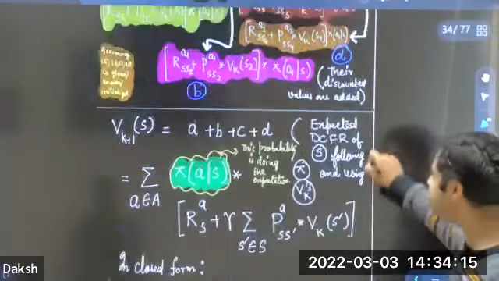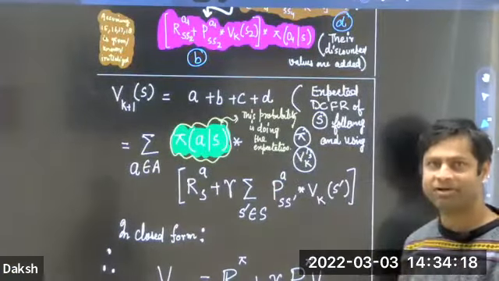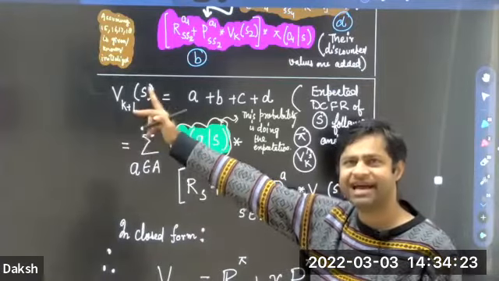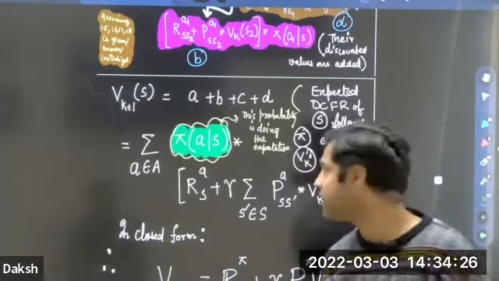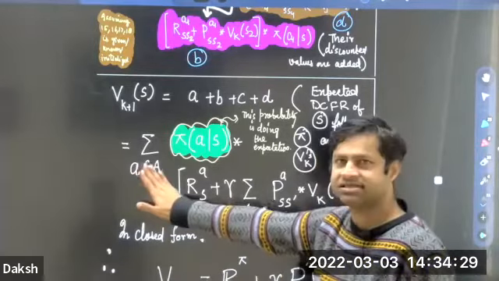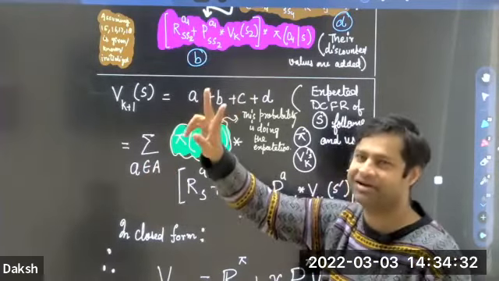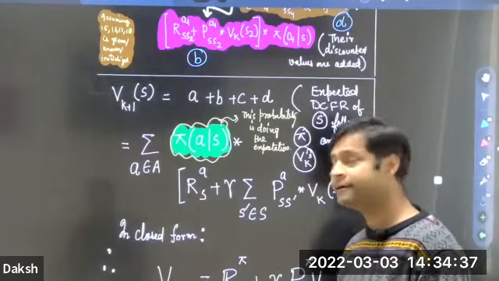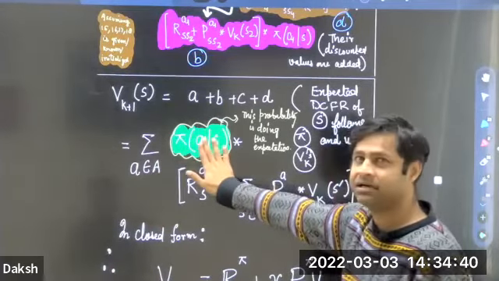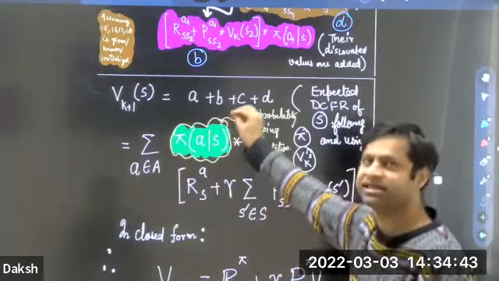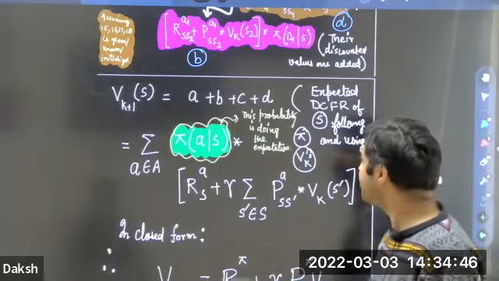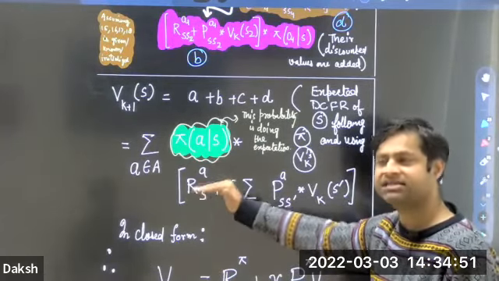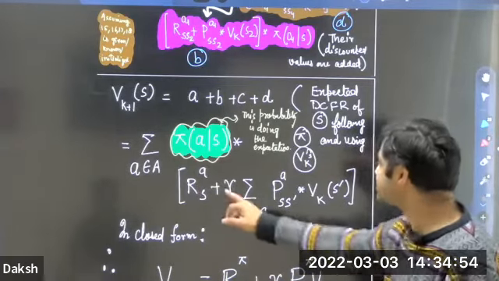So we can write it maybe in this form, which is slightly more complex. Please write it down. V(k+1)(s) is equal to, for all actions, because I have shown only two actions, A1 and A2, there may be multiple actions. For all actions, pi(a|s), so if it is A1, then pi(A1|s), A2, A3, for all of them, multiplied by R(s,a), you understand, because that's the reward that you are going to get, plus gamma.